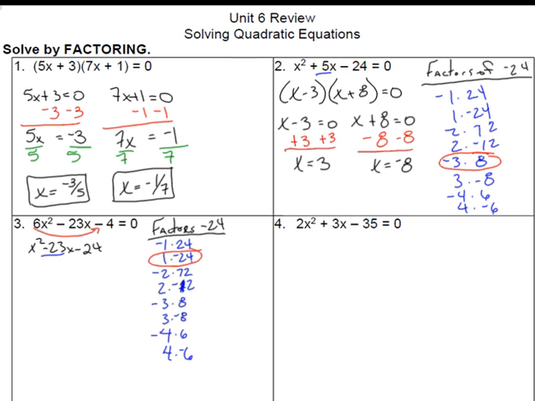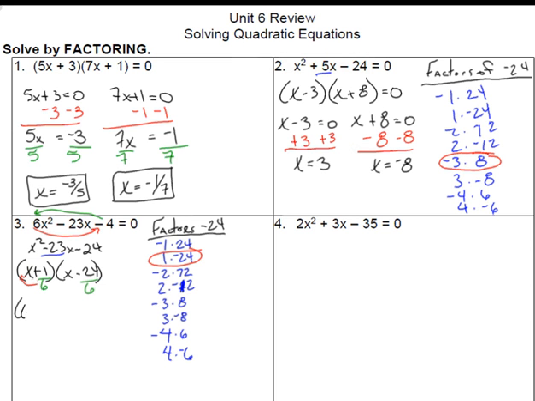Which would be 1 times negative 24. So I have x plus 1 and x minus 24. Since I multiplied by 6, I now have to divide by 6 to move it back. So I'm going to divide both of these by 6. 1 does not divide by 6 evenly, so this denominator moves in front of my x.